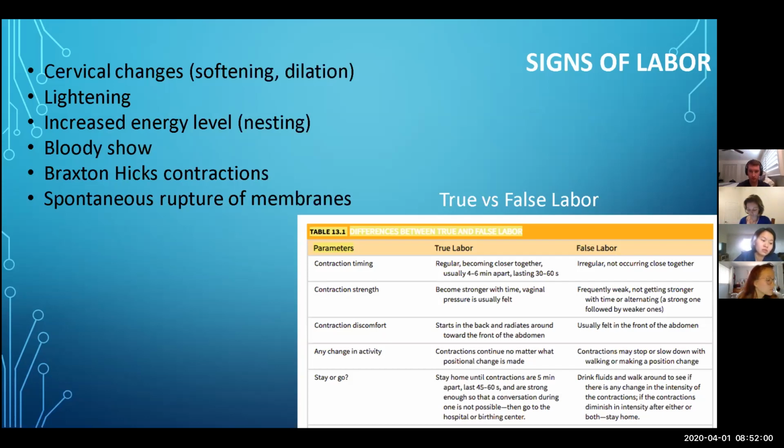So true labor, this is important, true labor is marked by contractions that become longer, stronger, and occur more frequently, with cervical dilation and effacement being the benchmark. So you have to have those longer, stronger, closer together contractions to help move that cervix. We want there to be cervical dilation. We need to see that cervix changing before we can say she's indeed in labor.